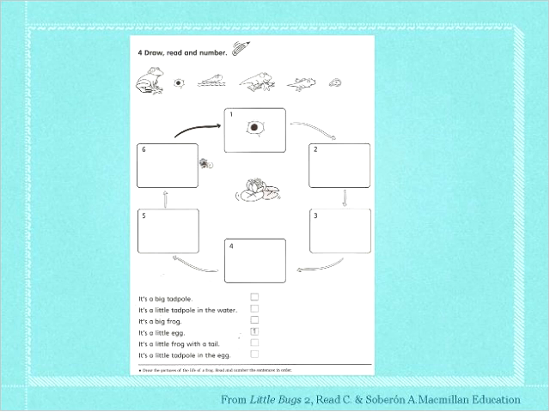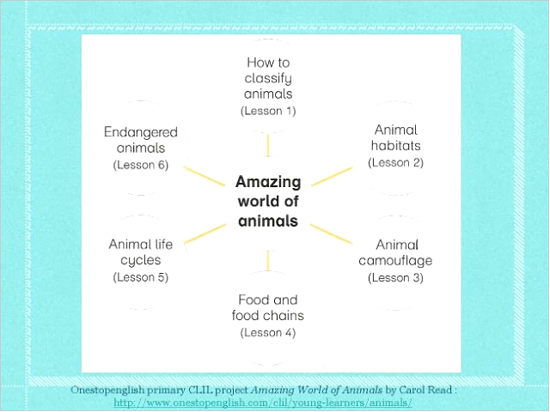And in terms of little content projects, content and language integrated learning projects, if you like, for example, here's a little one, The World of Animals, where the children do a project classifying animals, finding out about habitats, camouflage, food and food chains, life cycles, and endangered animals.